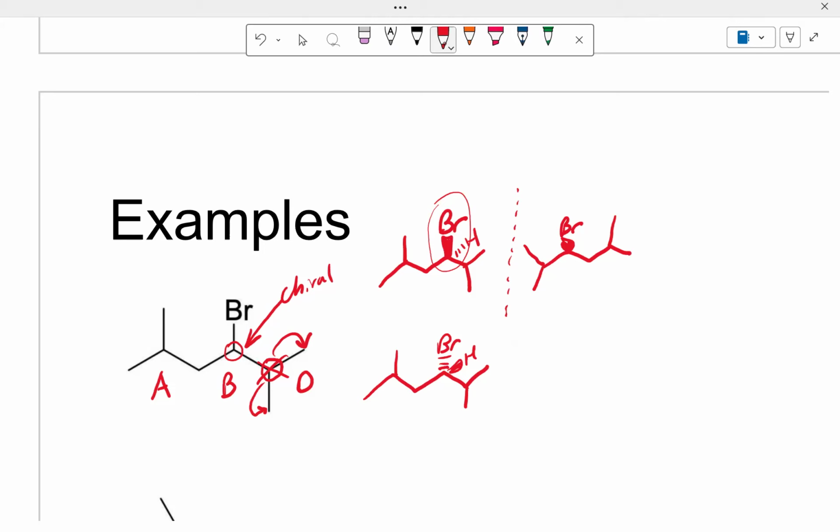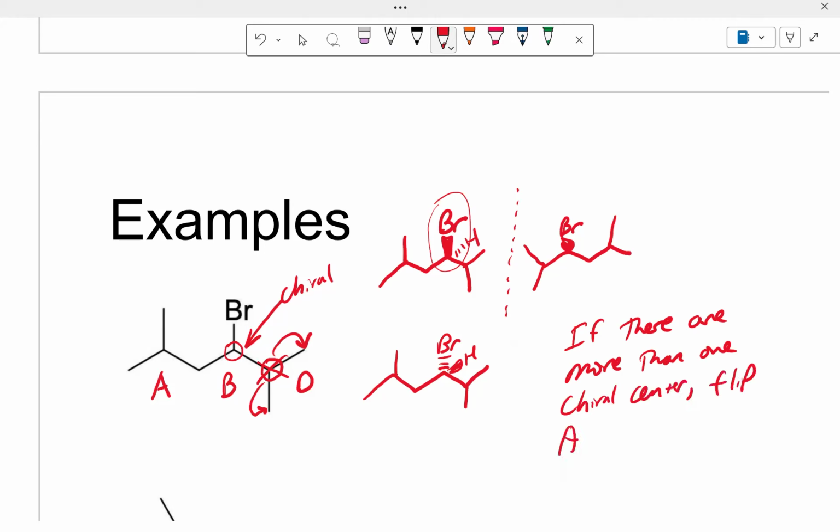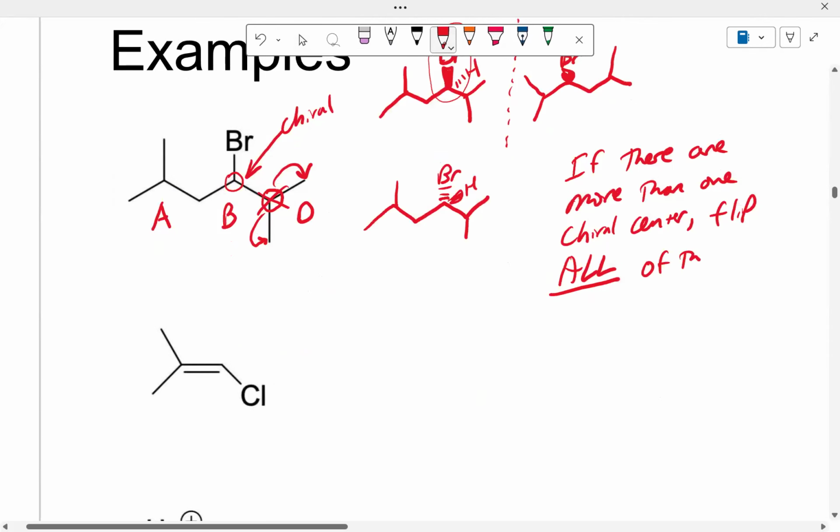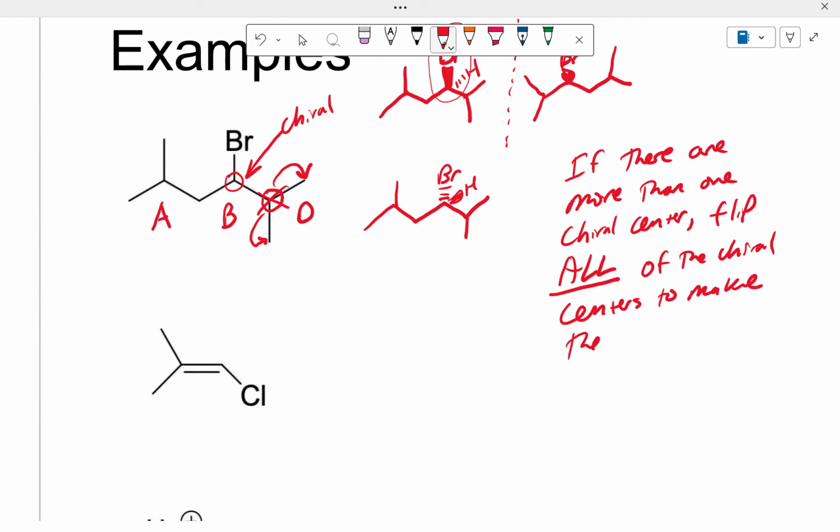If the compound, I know this example doesn't have it, but if there are more than one chiral center, flip all of the chiral centers to make the enantiomer. I'll do examples of this a little later, but I'm just foreshadowing where we're going with this.